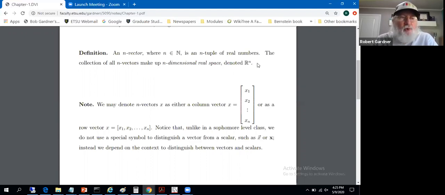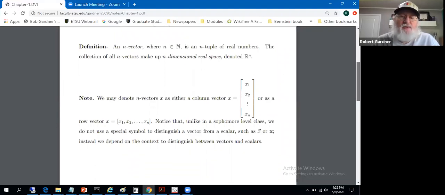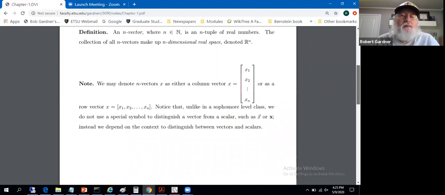Probably not in the sophomore level linear algebra class because you had so much other stuff to do. There are some definite advantages to allowing the complex numbers to come in, especially when you start looking for eigenvalues. Eigenvalues are zeros of polynomials, and sometimes you have to deal with the complex numbers to have all of those eigenvalues and all those zeros of polynomials present.